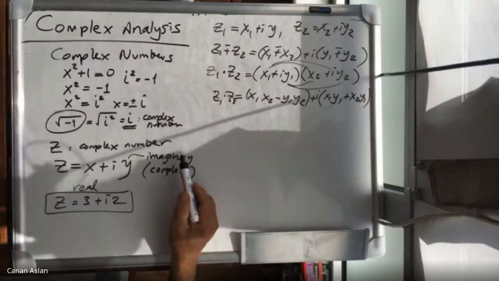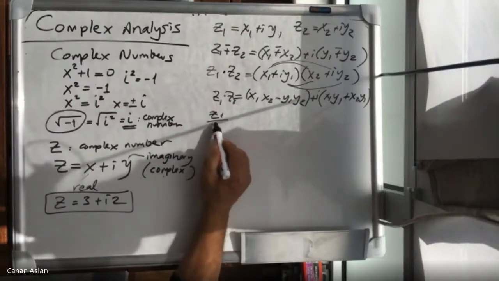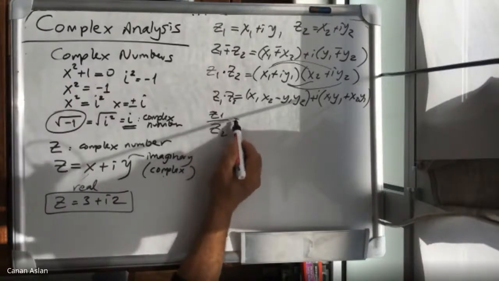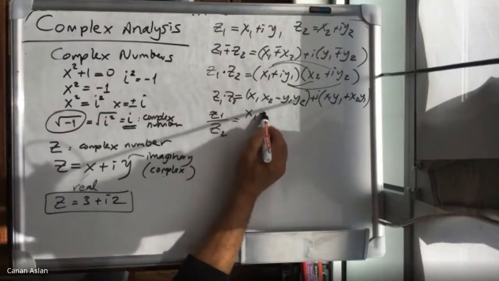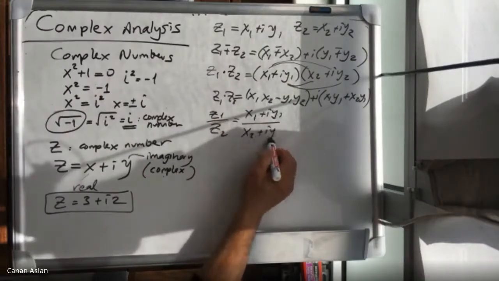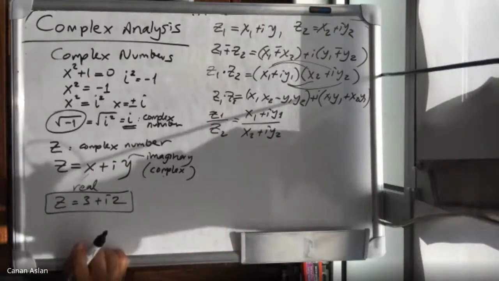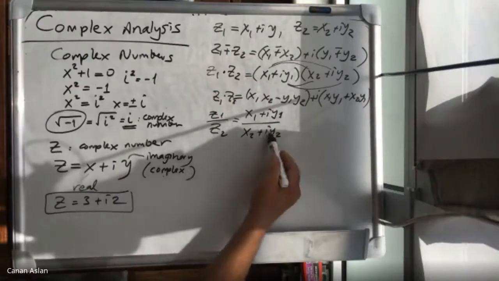And we have another thing, which is division. So if you are dividing z1 by z2, it's just the division of x1 plus i y1 divided by x2 plus i y2. We don't really leave it like that because we never want any complex thing in the denominator.